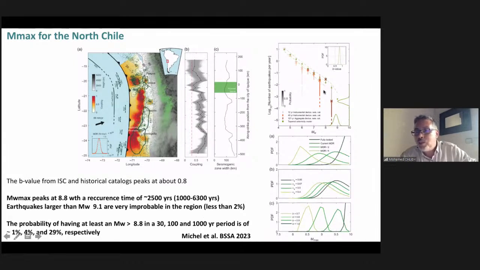As well, in the different graphs that are here, you can see how the maximum magnitude can vary depending on whether we take a fully locked area here, or the current model that is here, or a fraction of this moment deficit rate. So this is the influence of the moment deficit rate. Here, this is the influence of the alpha parameter that you can authorize in your observation.